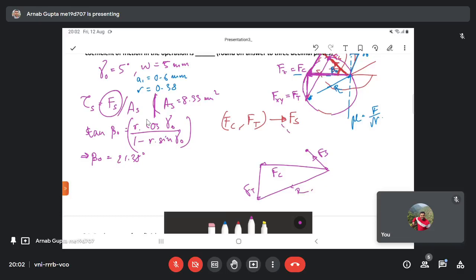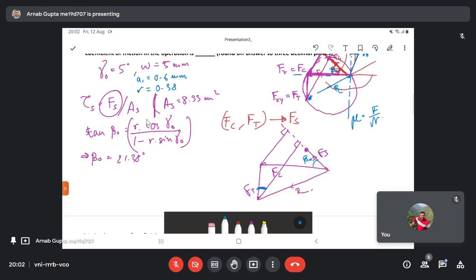So along this line, if you drop a perpendicular, similarly you drop another perpendicular, then you can write. By the way, what is this angle? This angle is beta naught. What is this angle? Anyone? Yes, what will be this angle?